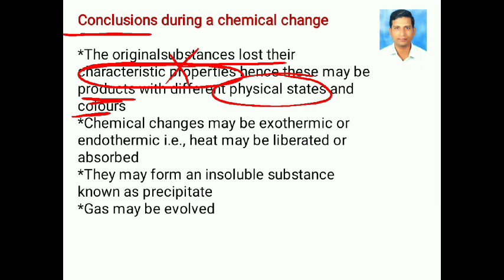Chemical changes may be exothermic or endothermic. I would like to define what is exothermic and what is endothermic. Exothermic are the chemical reactions in which heat may be liberated. Endothermic reactions are the chemical reactions in which heat may be absorbed.